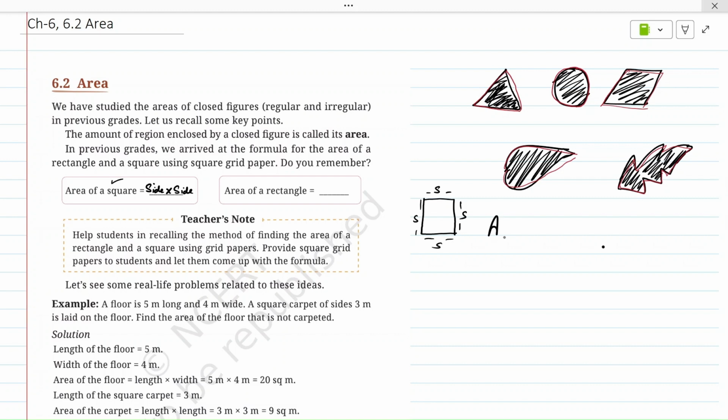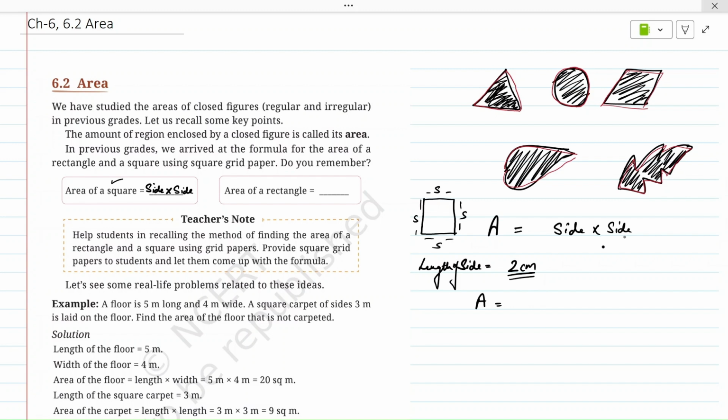Now what is the area of the square? I am representing area with A. So the area of the square is the product of two sides, that is side into side. So if I say that the length of the side of a square is 2 centimeter and we have to find the area, then this is simple.